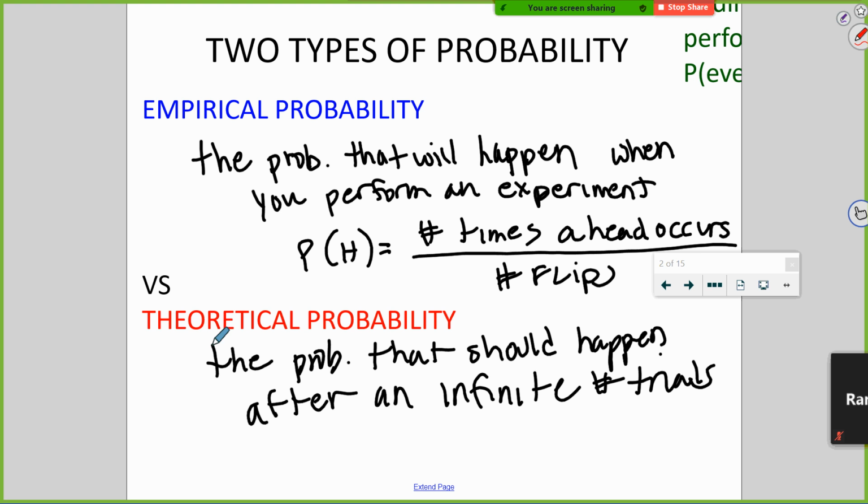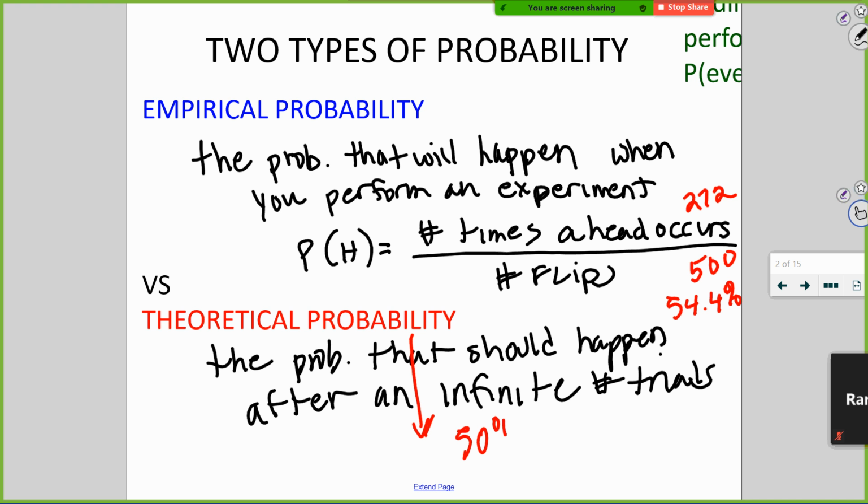So let's say I did that flipping of a coin and I had 272 out of 500 heads. If I do that as a decimal, it'd be about 54.4%. Theoretically, it should be close to 50% because on a coin, there's one head out of two sides.